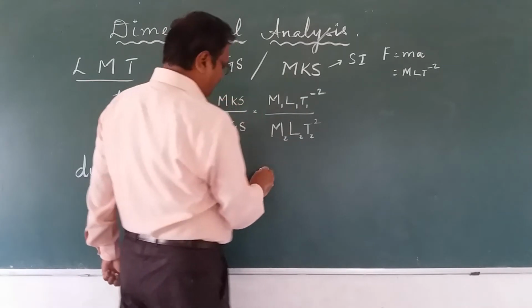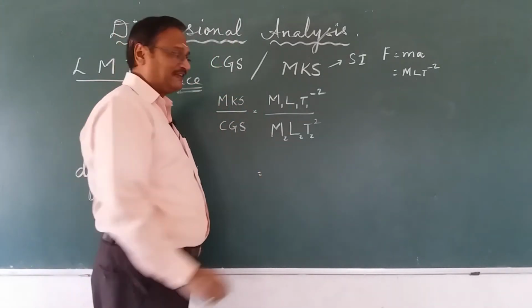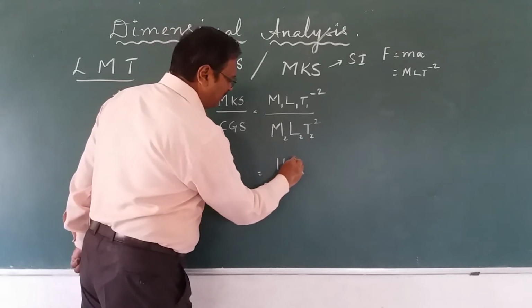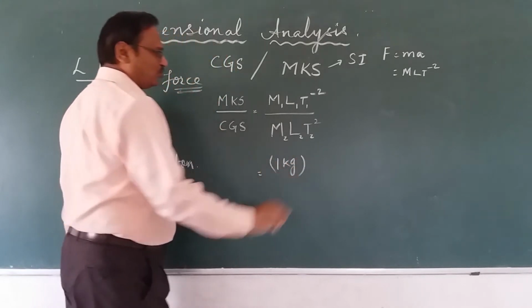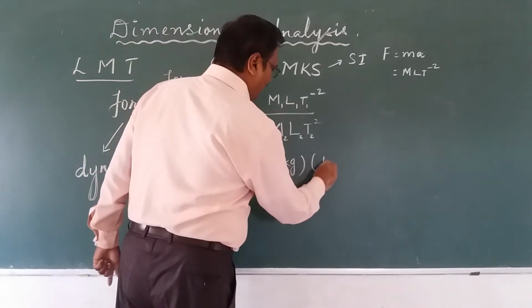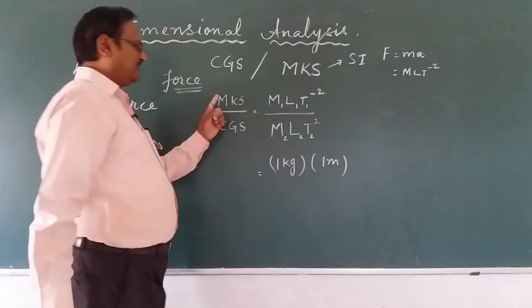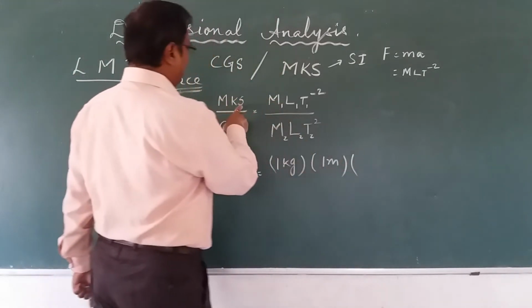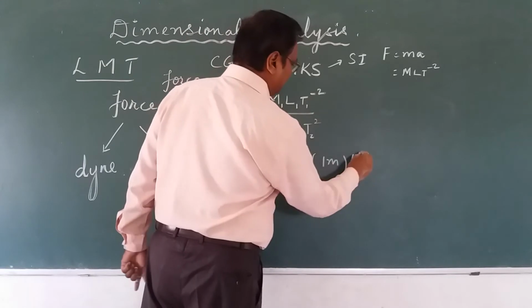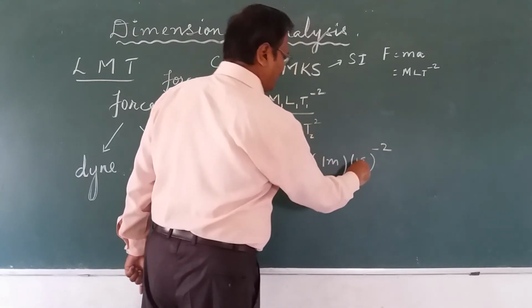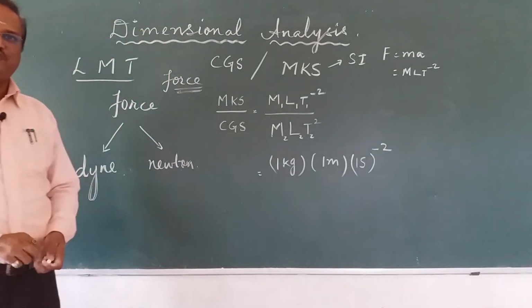Now M stands for what? Mass. In the MKS system, what is the unit of mass? 1 kilogram. Close the bracket. In the MKS system, length is 1 meter, and time is in seconds, so 1 second power minus 2.